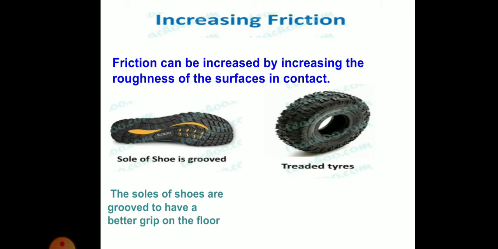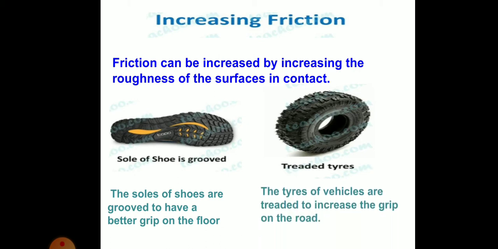The next example you can see is the tires. Tires are threaded so that they do not skid and stop immediately when brakes are applied. Tires of all kinds of vehicles are provided with a deep groove.